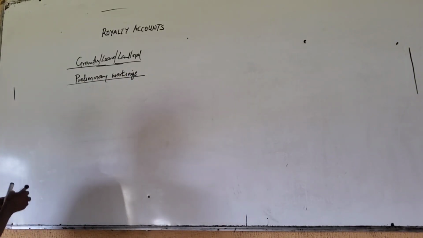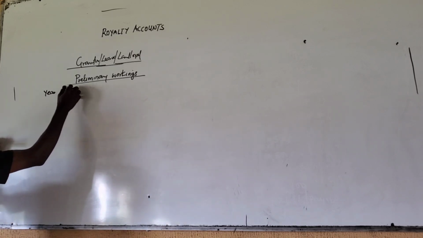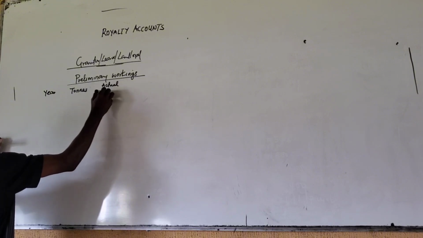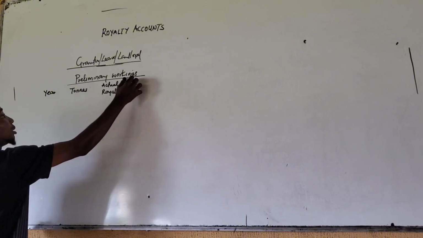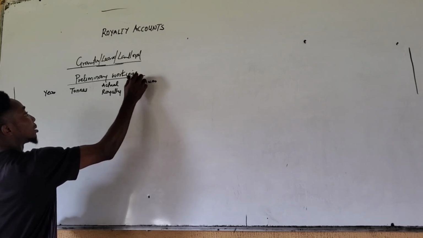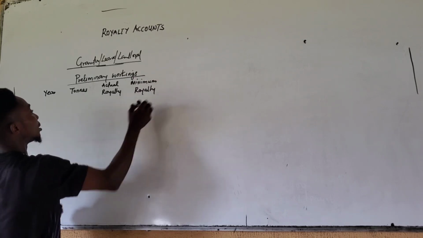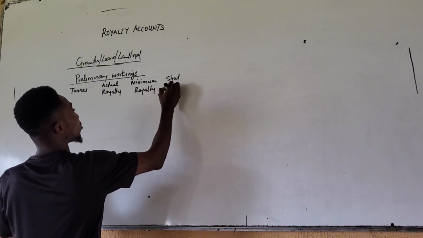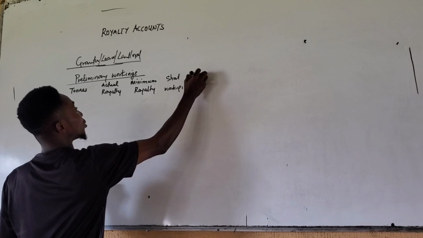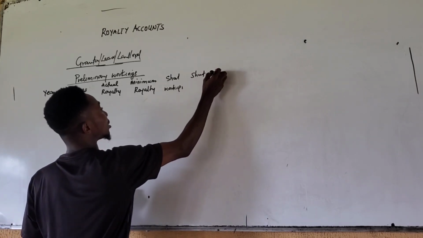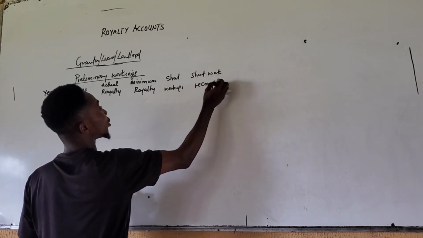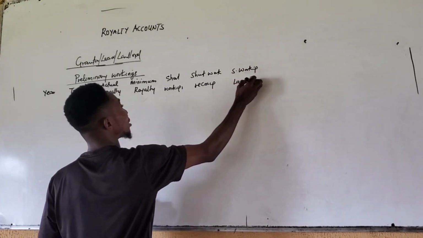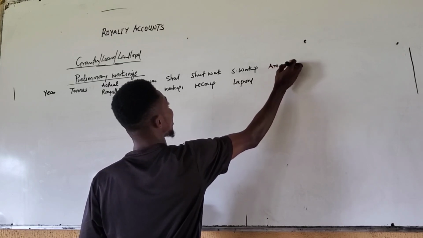Now we have here the tons extracted, the actual royalty, the minimum royalty, the short workings, recoup or recoverable short workings, lapse, and the amount received.